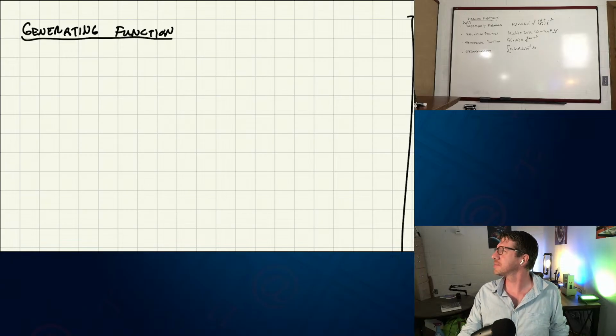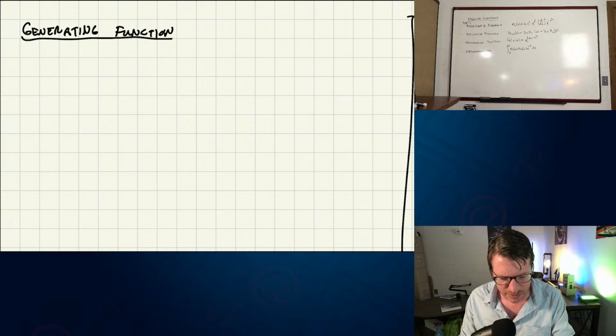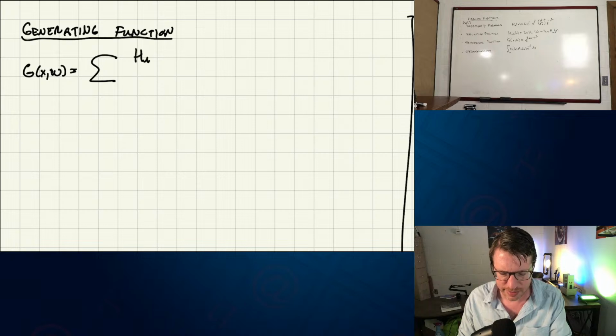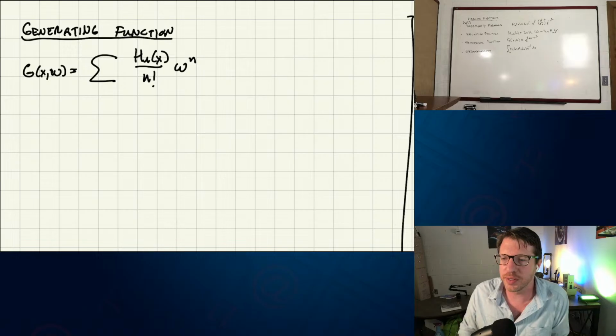Let's see. Okay, so basically what we're going to have here is a generating function. So g of x, w. So generating functions, I don't know if you guys have worked with them, but basically the whole idea is you have a sequence of something, and you just throw it into a power series.